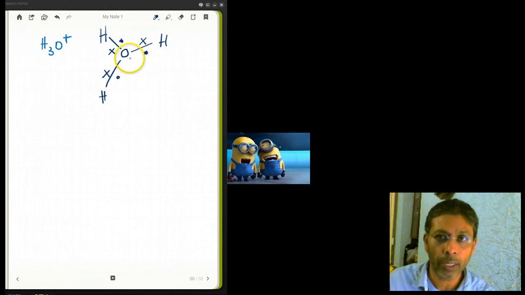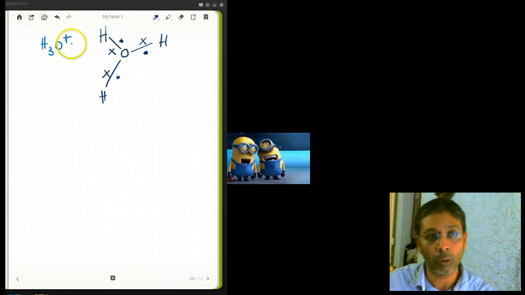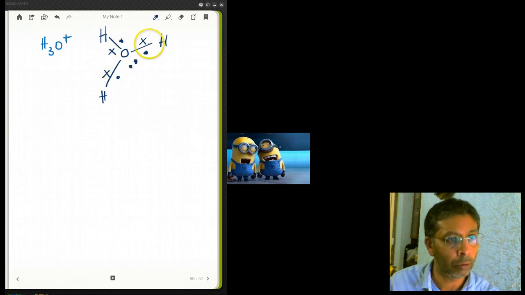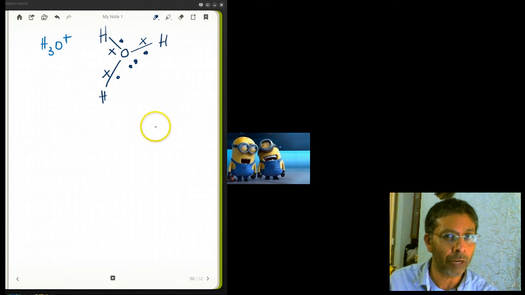Oxygen is in group 6. It's using 3 electrons. It must have 3 left over, but positive. It's lost 1. So it's only got 2 left over. There they are. Okay, now count the electron regions. 1, 2, 3, and 4. 4 electron regions tells you it could be a tetrahedral type of shape.